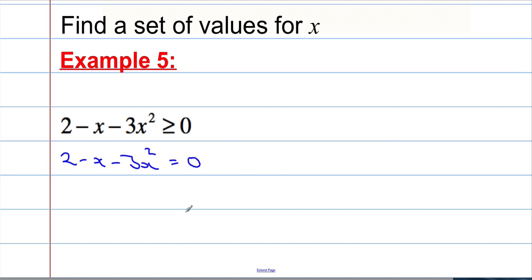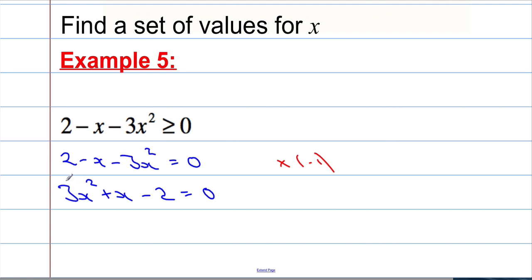Now I'm going to make my life a whole lot easier by multiplying everything by negative 1, and I get this. I'm allowed to do that because it's equal to 0. So we get 3x squared plus x subtract 2 must be equal to 0.